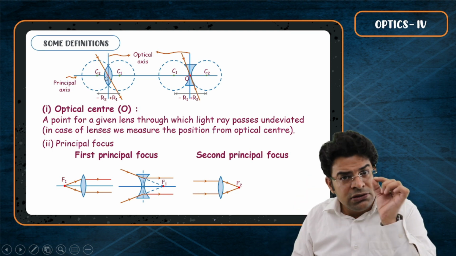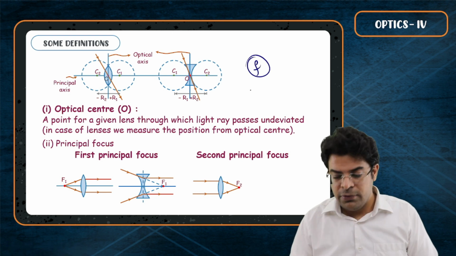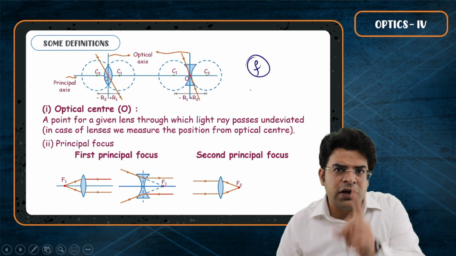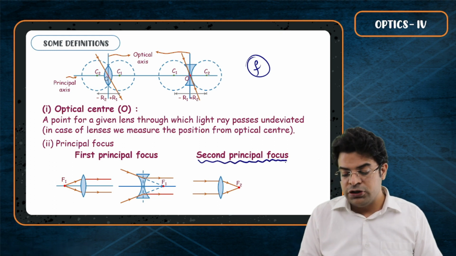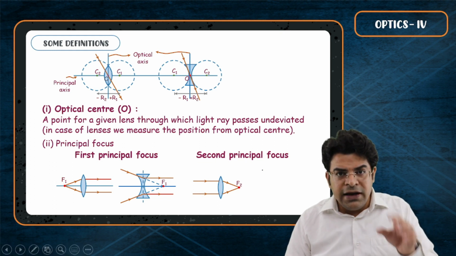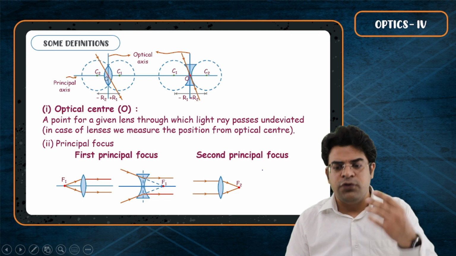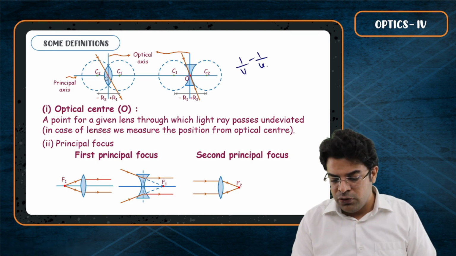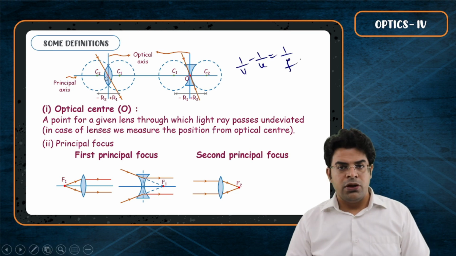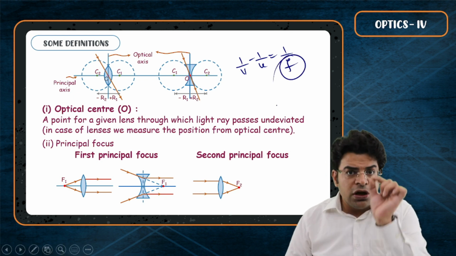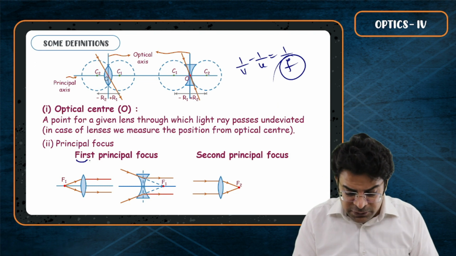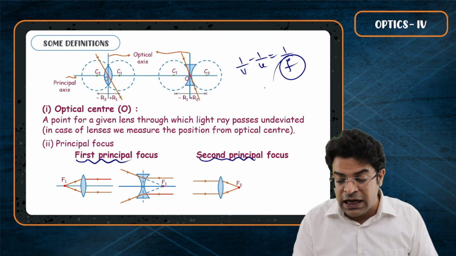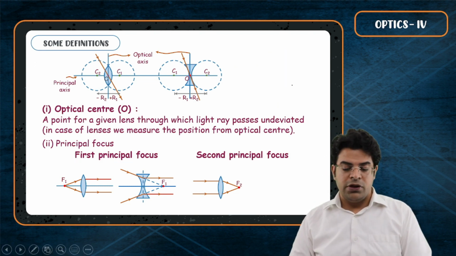And when I told you what is F, the position of focus with respect to optical center, I was talking about the second principal focus. Later, when we learn the lens formula 1/V minus 1/U equals 1/F, what is F? Position of focus with respect to optical center. Which focus? The first principal focus or the second principal focus? The answer is the second principal focus.